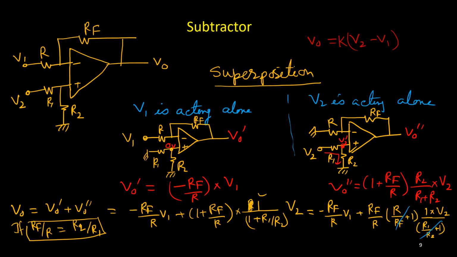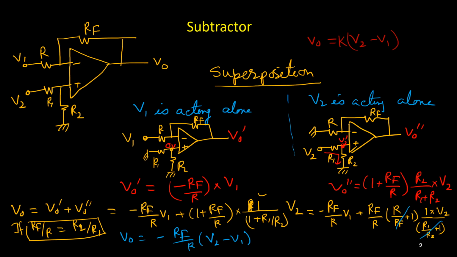So if these two are getting cancelled out, then you will see this RF by R, RF by R, we can take common. Then V naught will be simply minus RF by R times V2 minus V1.